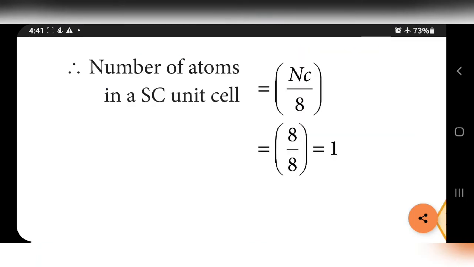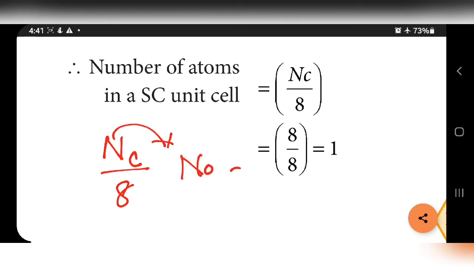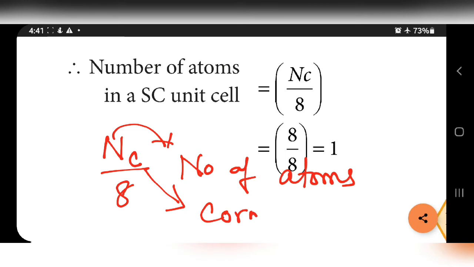For calculating the total number of atoms present in a cubic unit cell, the formula is Nc by 8. Here N means number of atoms, C means corner, so Nc means number of atoms at the corners, divided by 8.